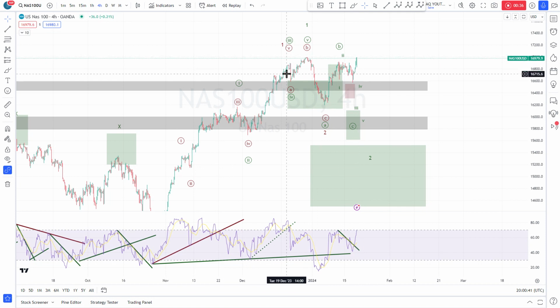So remember in my last video, I suspected the end of a structure right here, but I could not really say if the end was right here, or wave one was located right here or right here. That was a bit difficult at the time because indeed we have a high here with divergence.